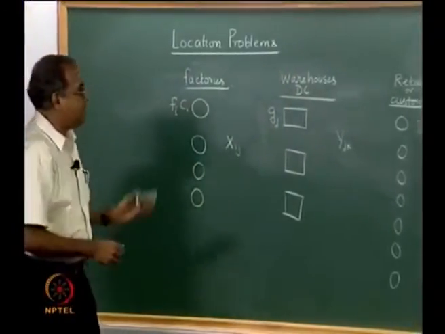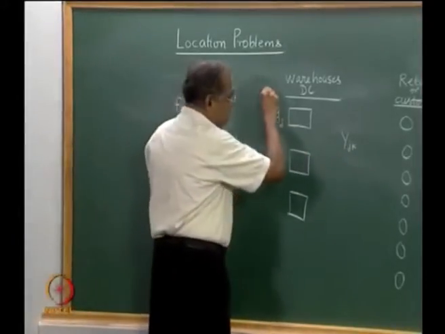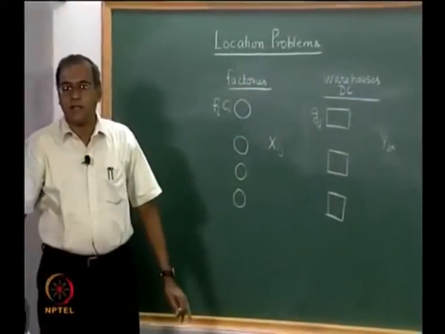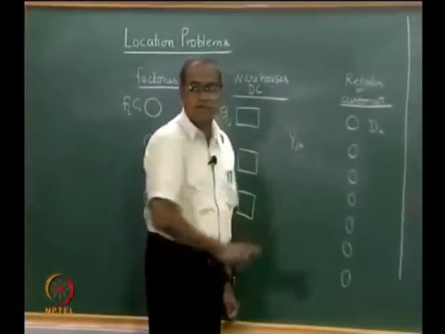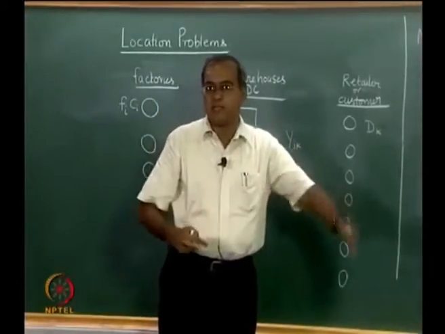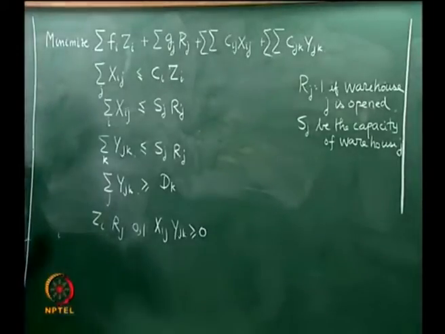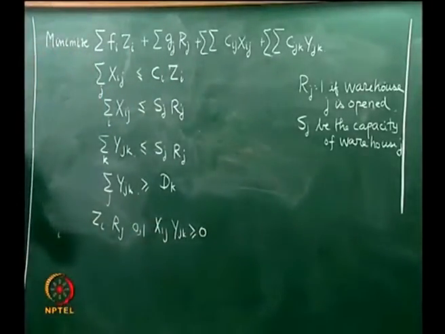Now, one can expand it by including one more level in between, which could be factories, warehouses separately, distribution centers as well as retailer, and the location will be restricted to factories, warehouses and distribution centers. So, depending on how many levels are there in the supply chain, the formulation can get bigger and bigger. Right now, the formulation talks about only one item or a single item that is being transported.